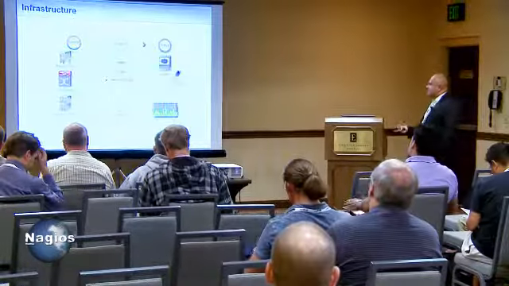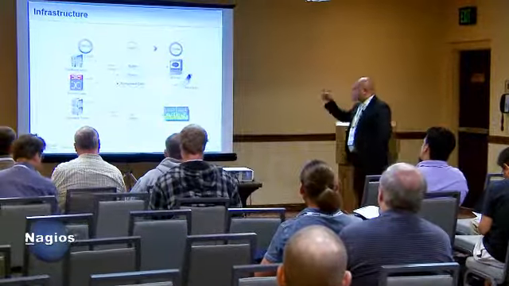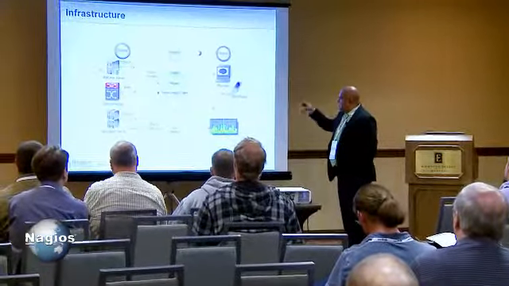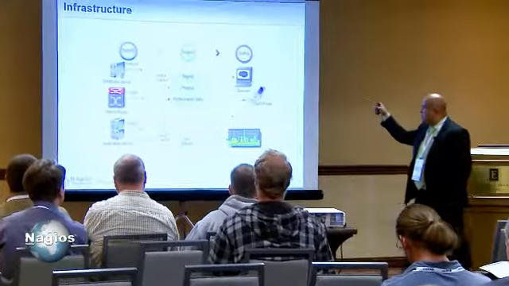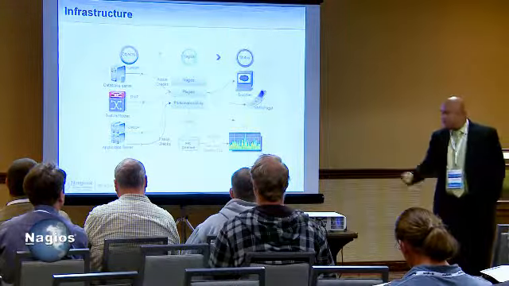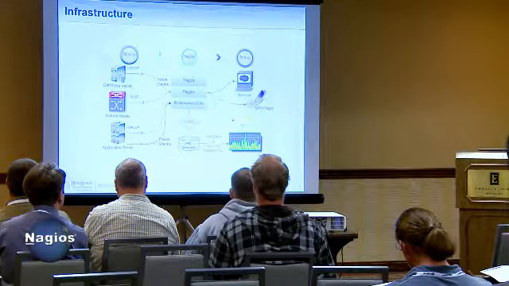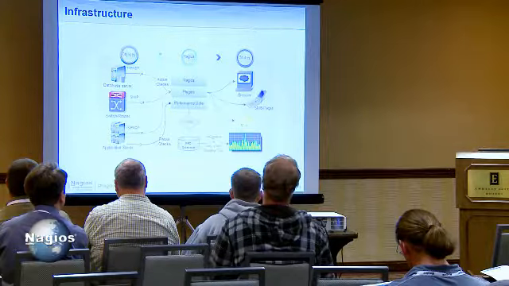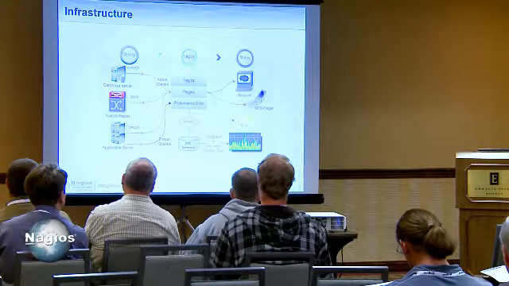Okay, the Nagios infrastructure, objects, Nagios and the status. For example, objects in our network are database servers, switches and routers, servers, application servers, websites.